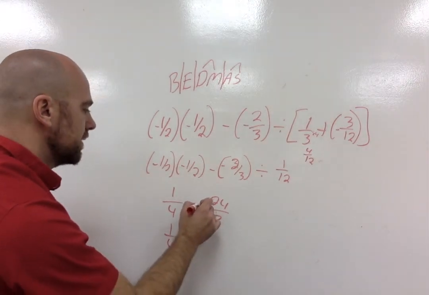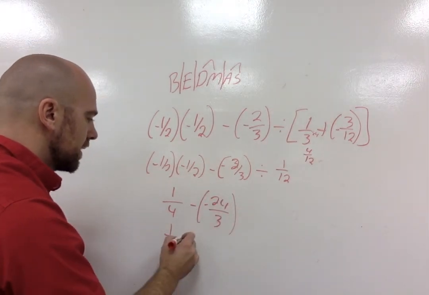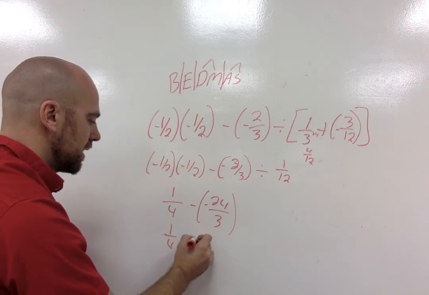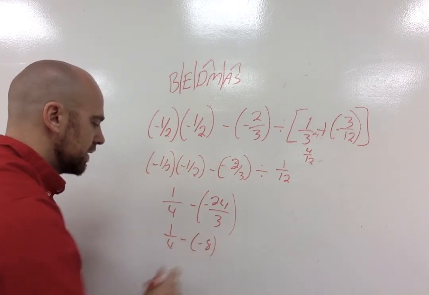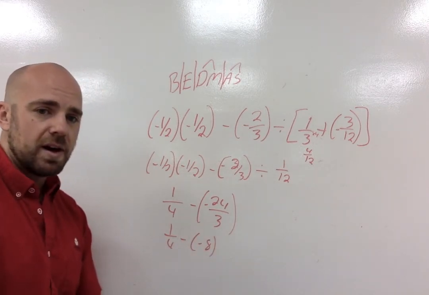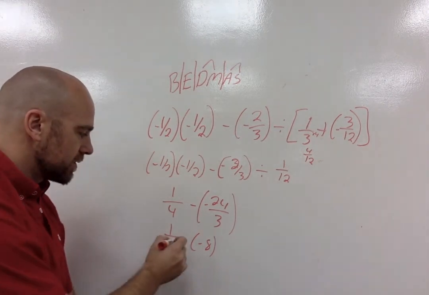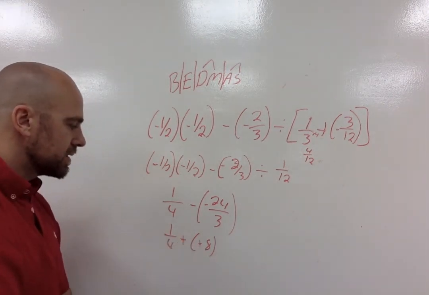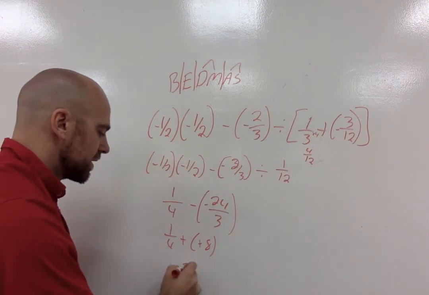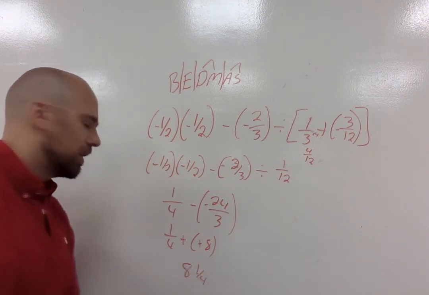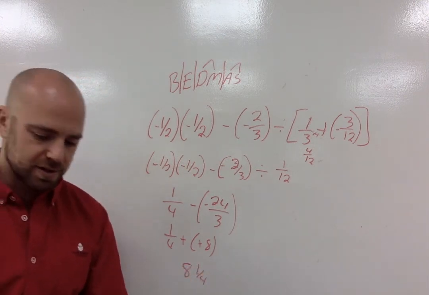This is negative. So minus negative 8 is basically what I'm going to have. So this will basically become plus positive. I can change it. So I'm going to have 8 and 1/4 as my final answer.